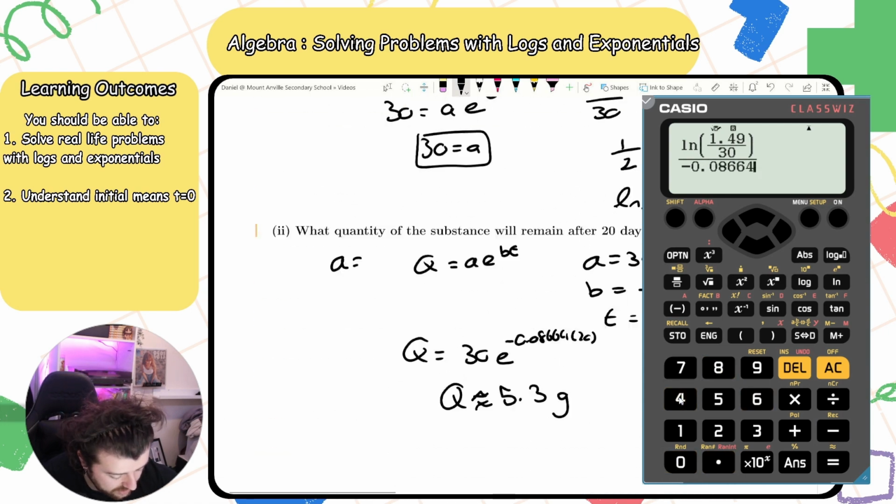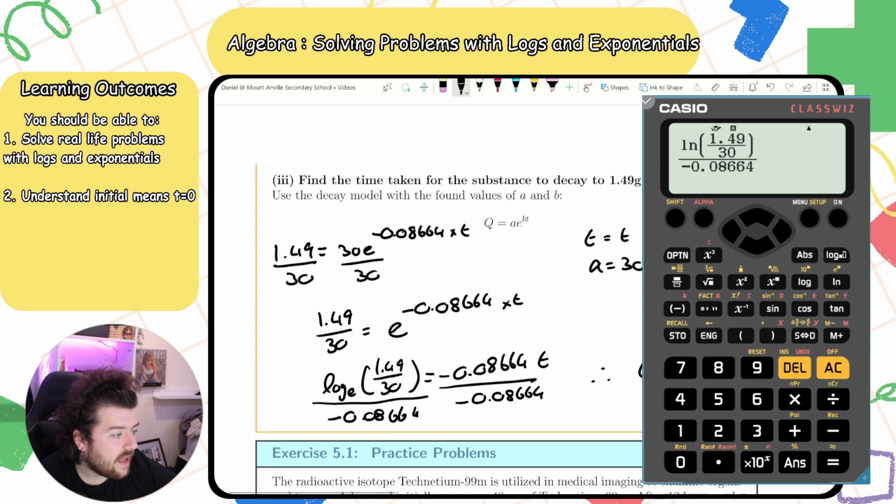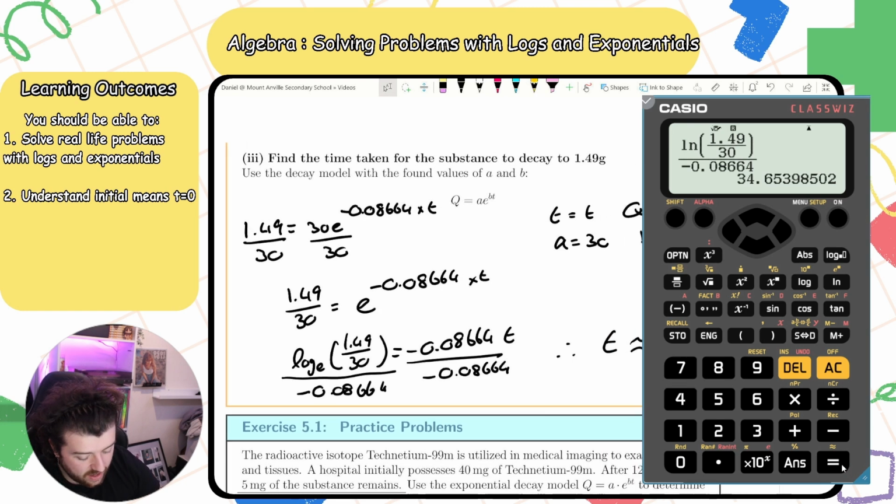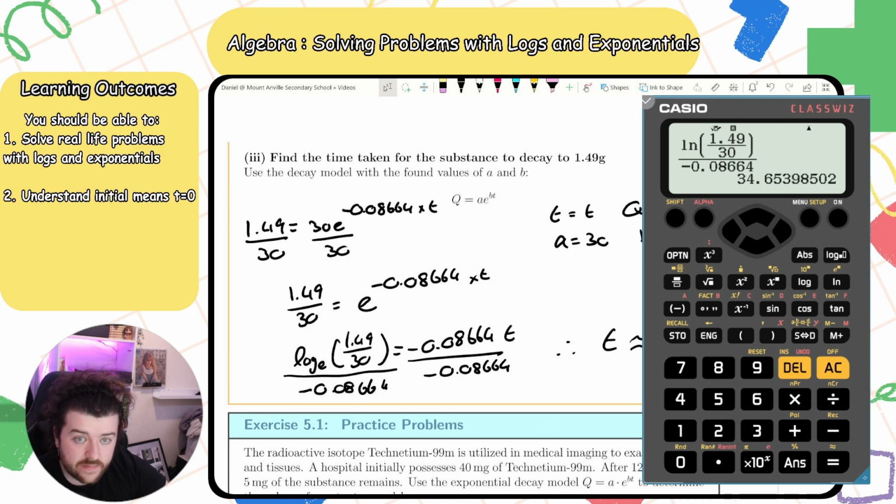I just double check that is the answer. Yeah. Then it goes equals, and I get time is roughly equal to 34.65 years. And yeah, that's it. So 34.65 years, something like that.